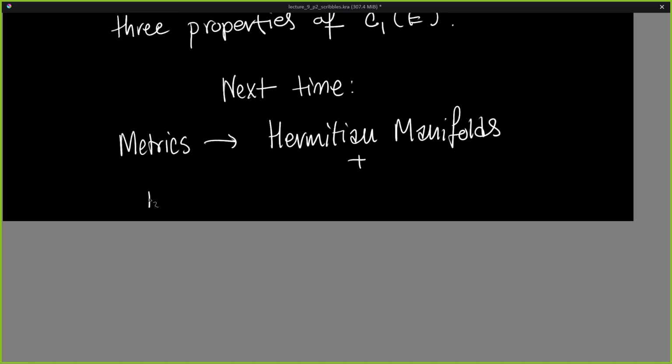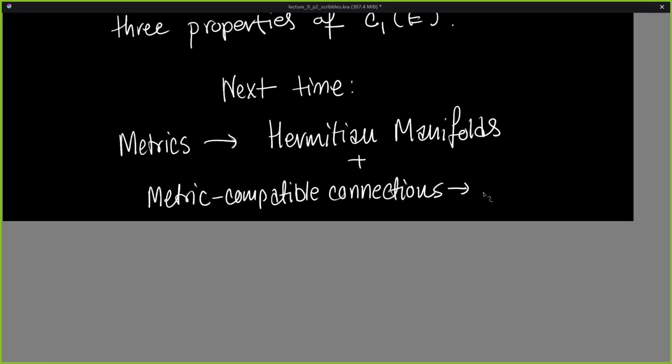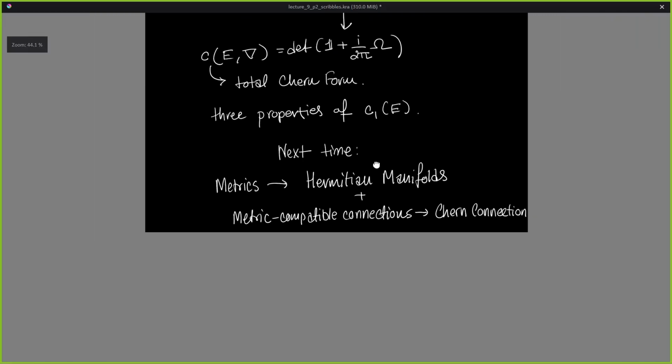Then we're going to look at metric compatible connections. And if we want to marry that with the complex analysis that we've been doing so far, we're going to get a new kind of connection called the Chern connection. So that's what we're going to do next time.